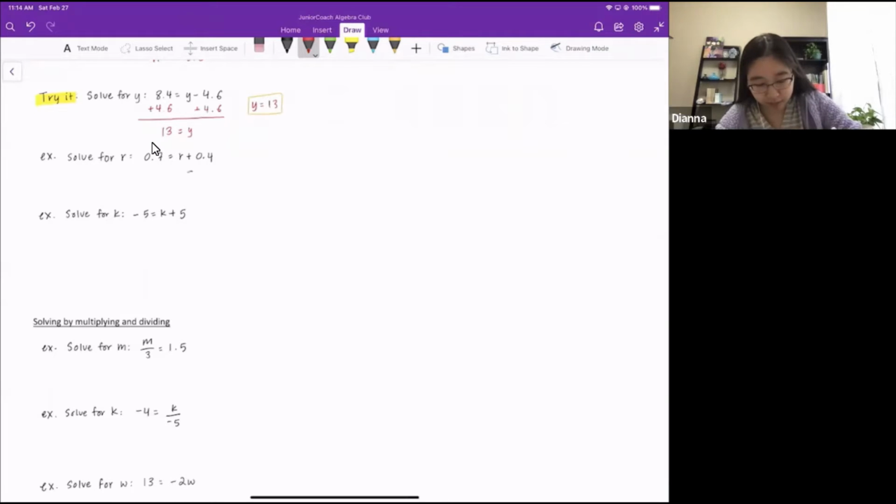So I'm going to subtract 0.4 from both sides. Okay, there we go. 0.7 minus 0.4 should be 0.3, right? Because 7 minus 4 equals 3, and then you don't need to do anything about the ones place. It's both 0, so you don't need to care about that. 0.3 equals r. So r equals 0.3.